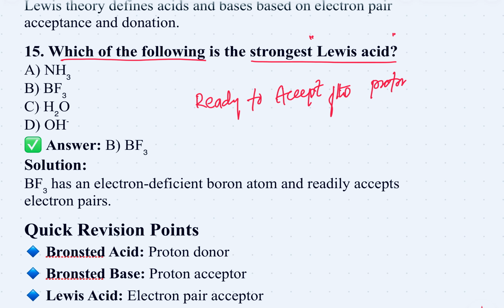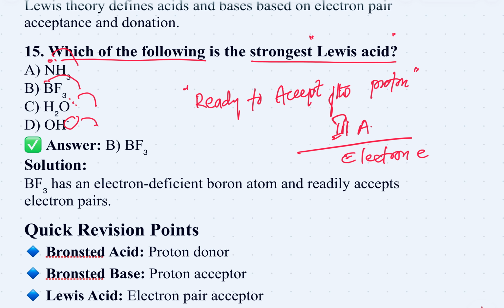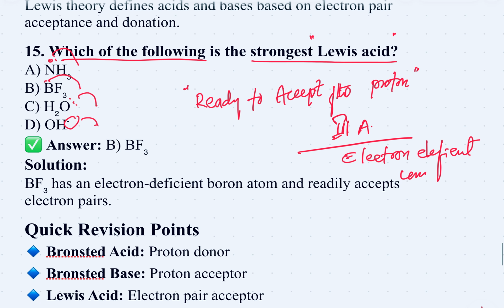Any compound ready to accept a proton is called a strong acid. In this, NH3 donates the lone pair, others also donate. All can donate. But in this, just now I informed you that group 3A elements are electron deficient compounds.